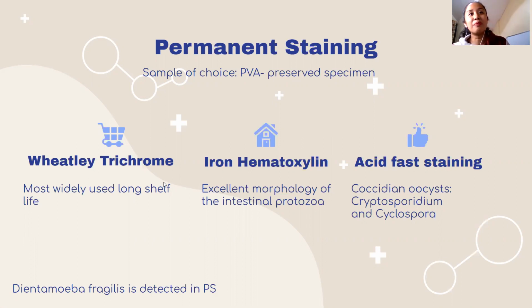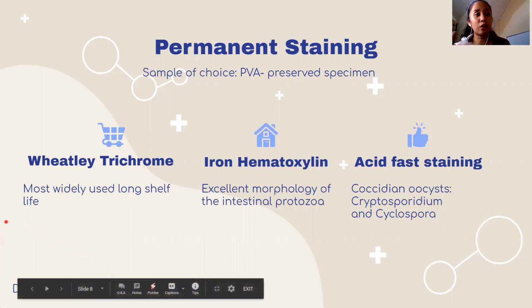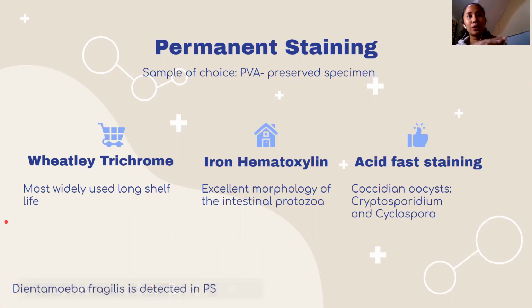So guys, for permanent staining, it's especially good in the recovery of Dientamoeba fragilis. Yan. So it's usually recovered with permanent staining. So class, I just give you the three, ayoko kayong bigyan ng marami, kasi wala kayong maalala. So kahit tatlo lang para matandaan nyo, okay? So we have Wheatley's trichrome stain, iron hematoxylin, and acid fast staining.